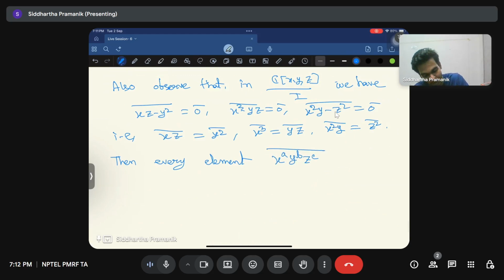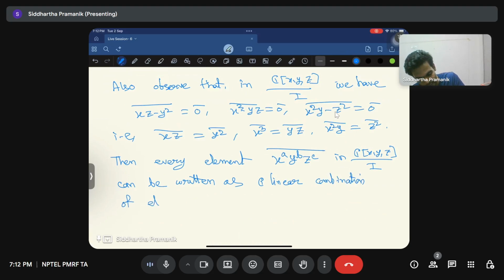So every element in C[x, y, z] mod I can be written as a C linear combination of elements of type x^n1, x^n2 y, and x^n3 z for some n1, n2, n3 greater than or equal to 1.